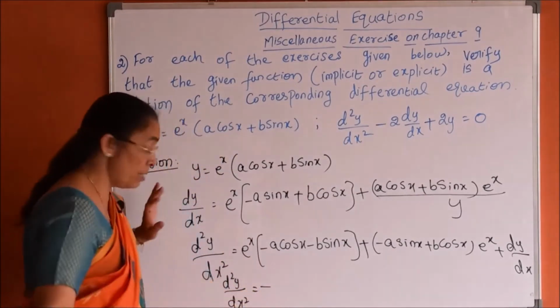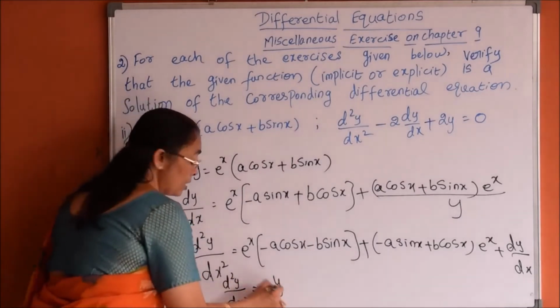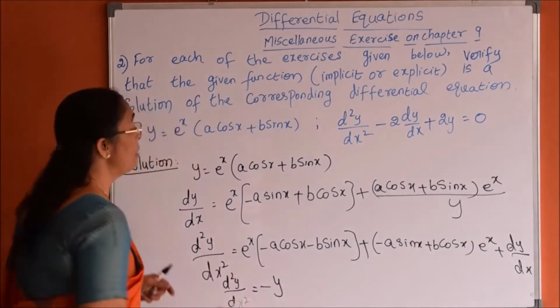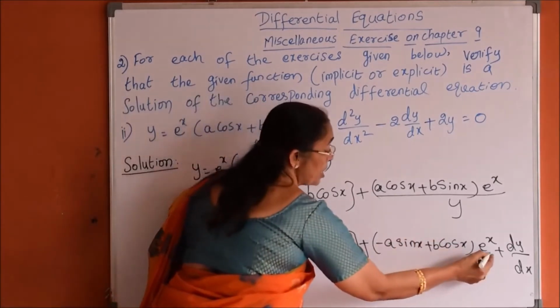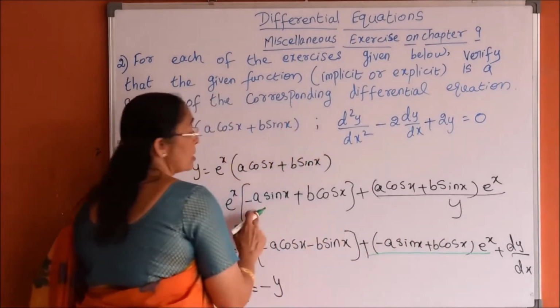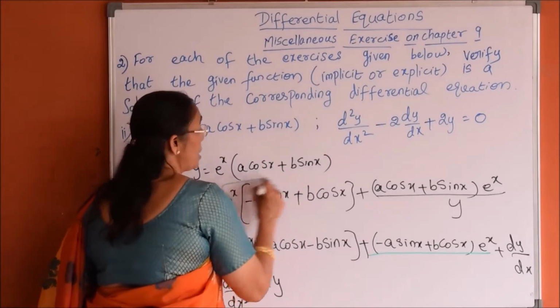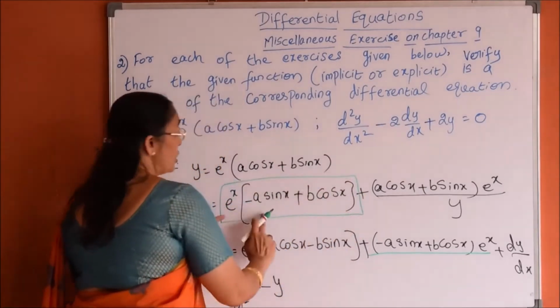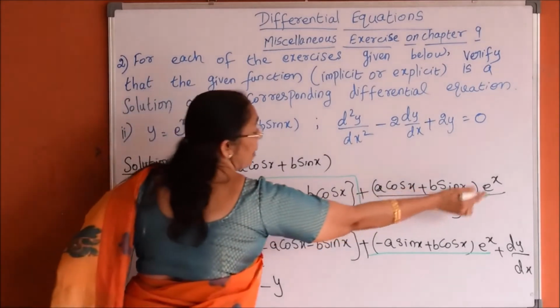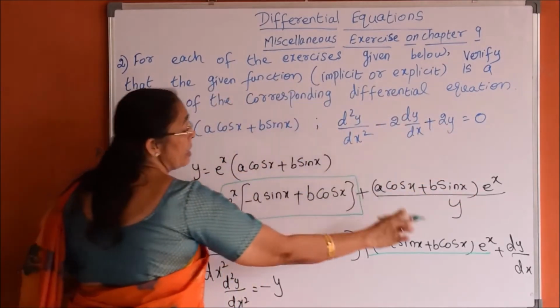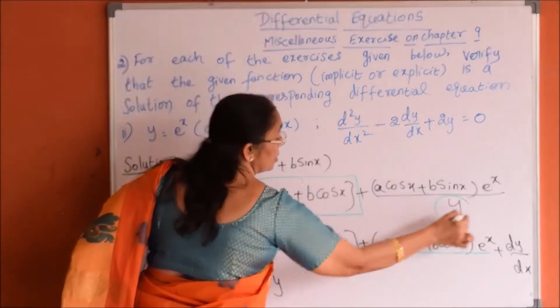So the first term is minus y. Now coming to the second term: minus a sin x plus b cos x into e power x. This term is nothing but dy by dx, and minus of this part is nothing but y. This one is y.